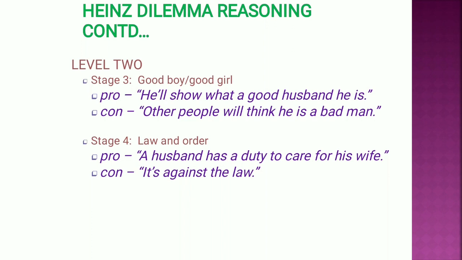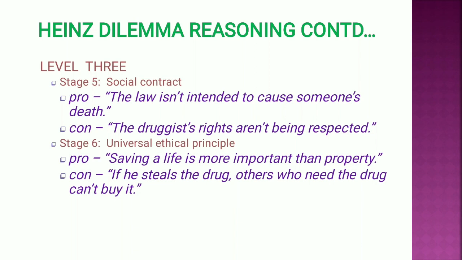Con: it's against the law. Level 3 begins with stage 5, social contract. Pro: the law isn't intended to cause someone's death. Con: the druggist's rights are not being respected.